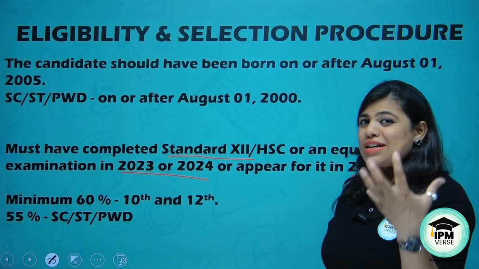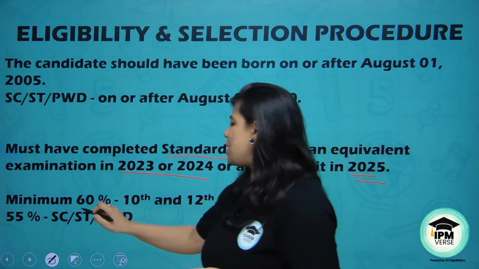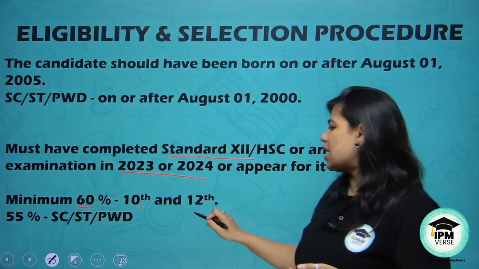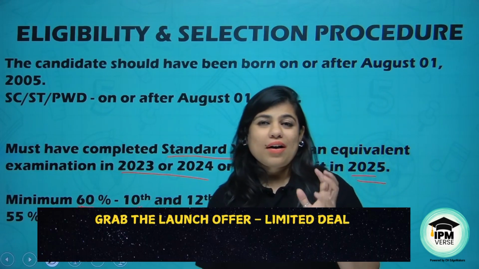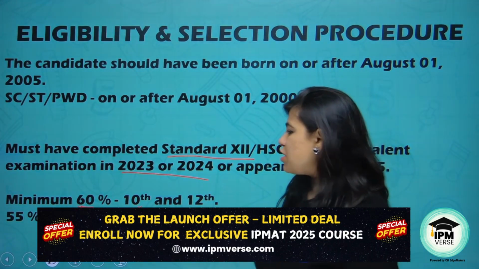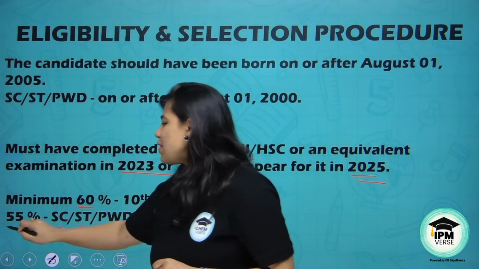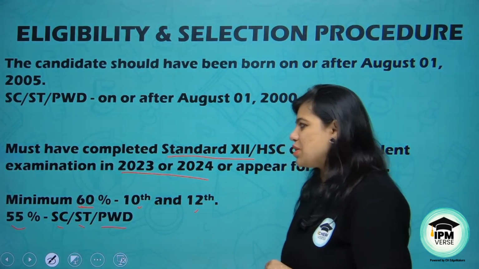The eligibility criteria for marks: if you have scored a minimum of 60% marks in class 10th and class 12th, then you are eligible to appear for IPMAT for the general category, and for SC, ST and persons with disability, this criteria is 55%.